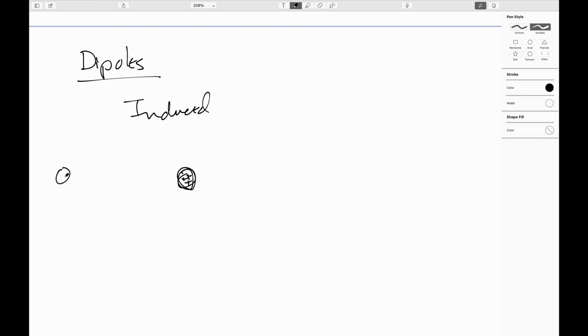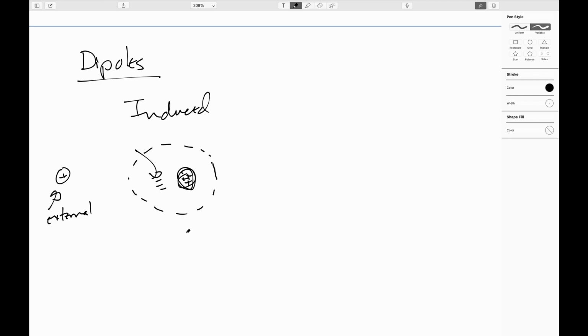If I put some positive external charge out here, what will happen is the whole electron cloud shifts over. And so that will separate out the negative charge a little bit. On average, the negative charge would be located over here and the positive charge there. So you get a little bit of a separation of charge.